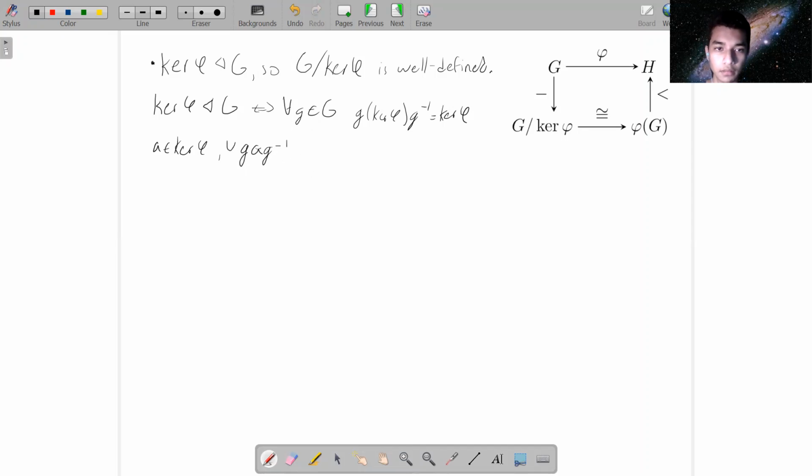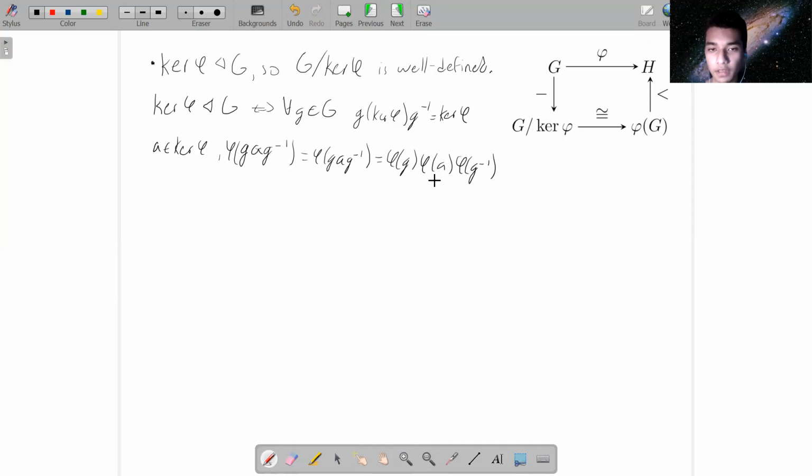To this end, let's consider phi of g a g inverse. This equals phi of g, phi of a, phi of g inverse using the homomorphism property.